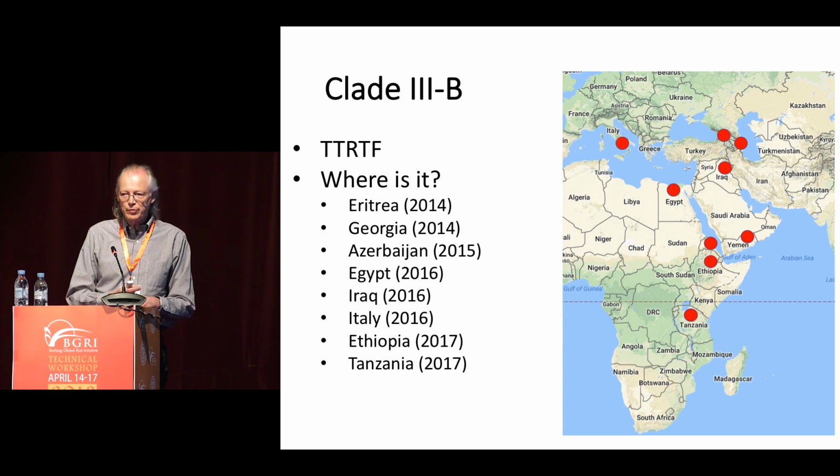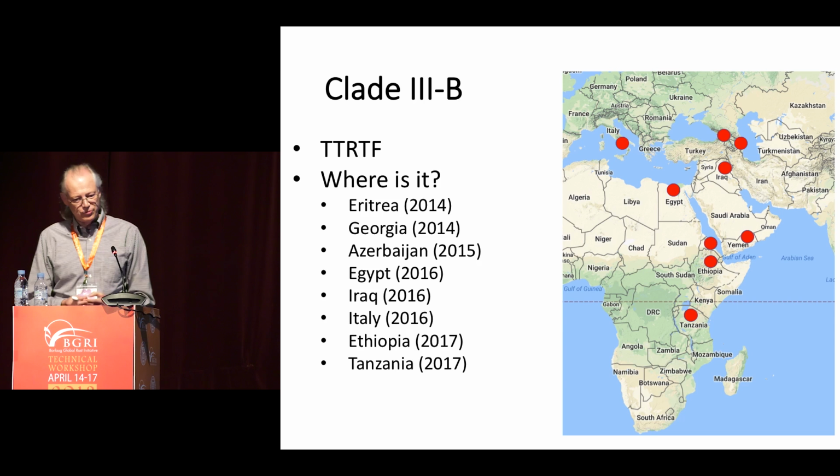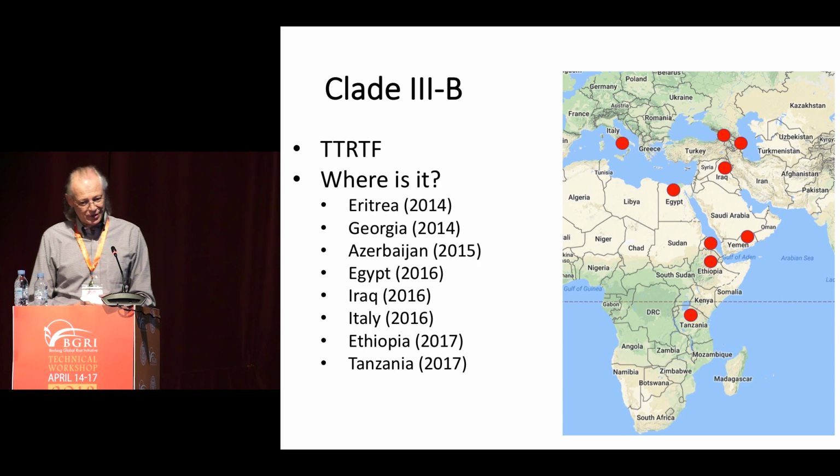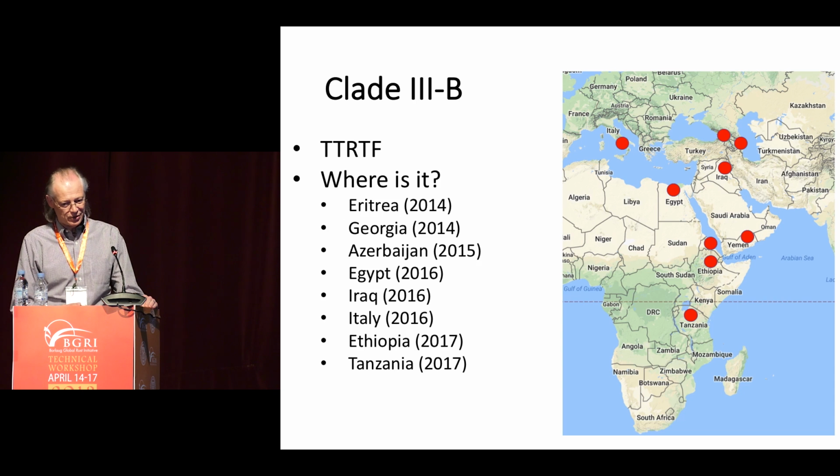In our samples, we picked it up in Eritrea in 2014. It was also picked up in Azerbaijan in 2015, Egypt in 2016, Iraq in 2016, Italy in 2016, Ethiopia in 2017, and Tanzania in 2017.